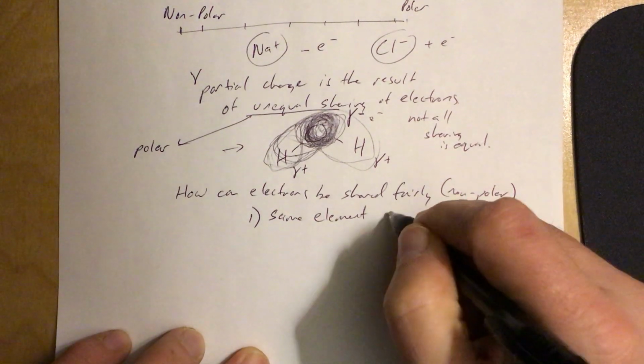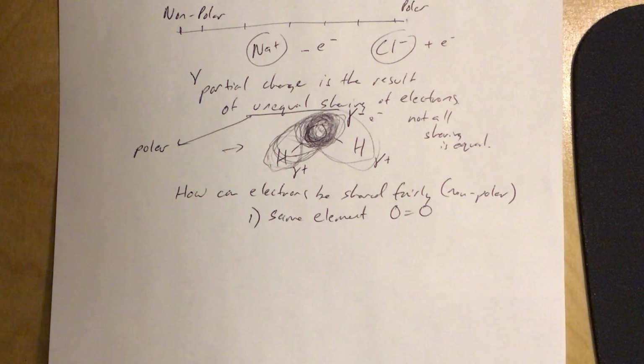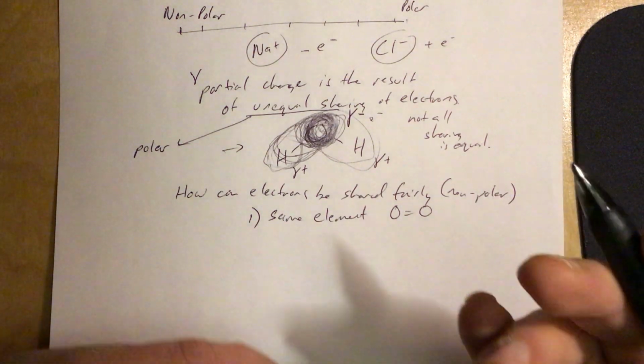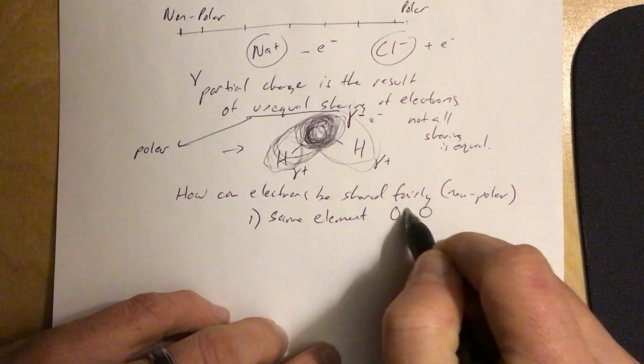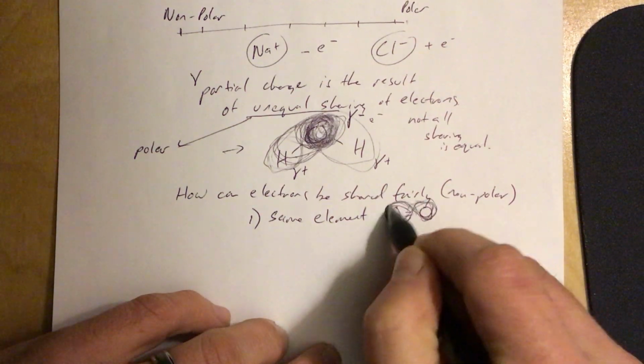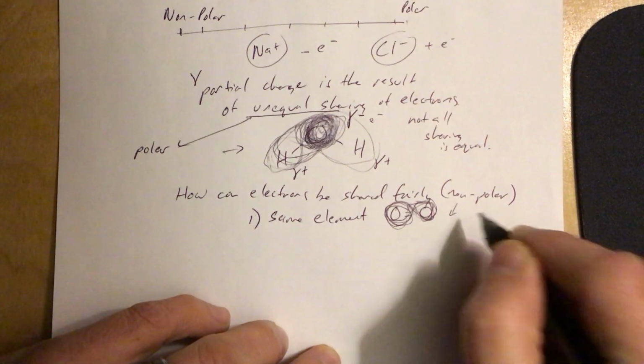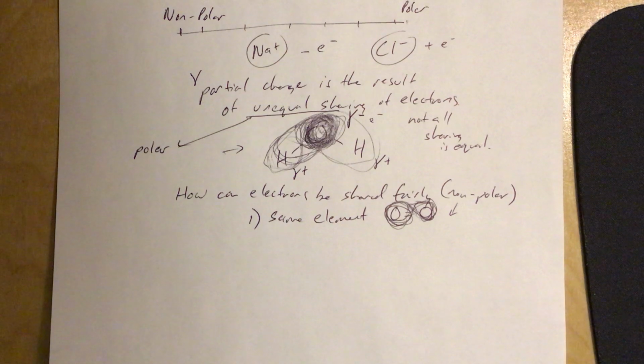For example, when oxygen shares with oxygen, oxygen has the same electronegativity as oxygen because, well, shoot, they're both oxygen. So that electron is going to fly around each of those equally. And as such, there is no partial charge. So this is nonpolar. And that's the same for when nitrogen shares with nitrogen or hydrogen shares with hydrogen. Anytime you have the same element sharing that's formed a covalent bond like that, you're going to end up with it being nonpolar.